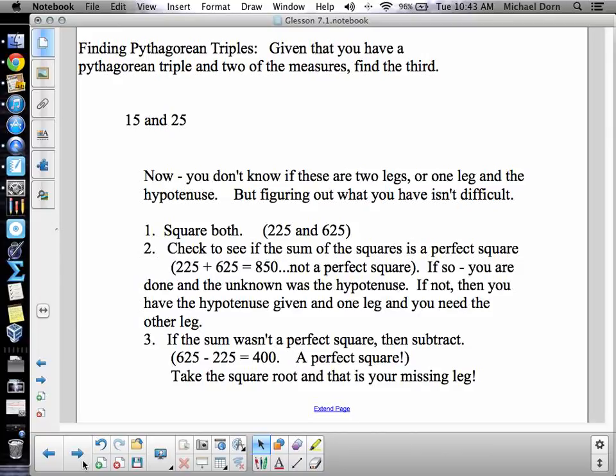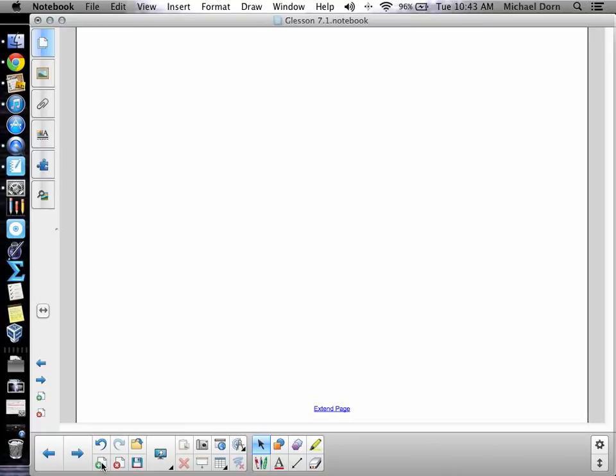Okay, Pythagorean triples. We kind of talked about them briefly, and we're going to see this in the homework, but let me review Pythagorean triples again. A Pythagorean triple is a group of 3 whole numbers for which a squared plus b squared equals c squared.